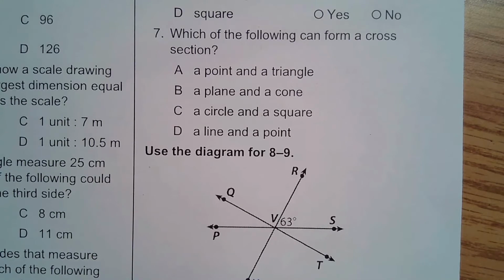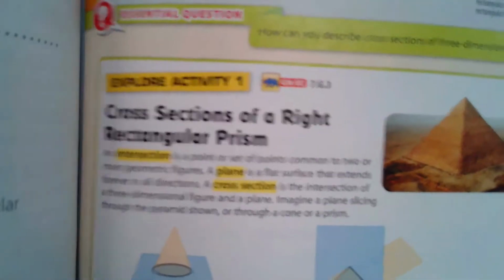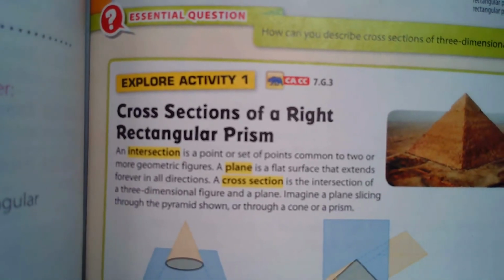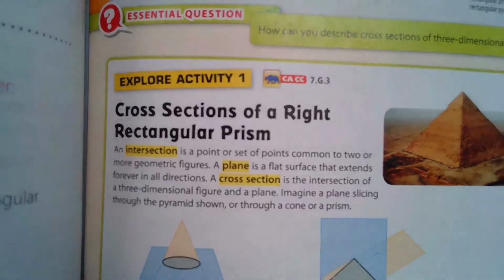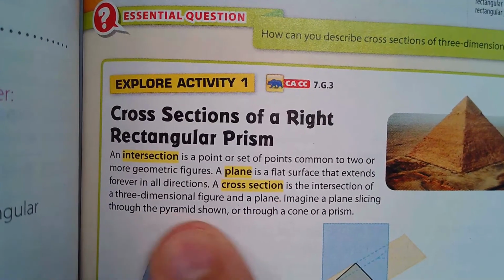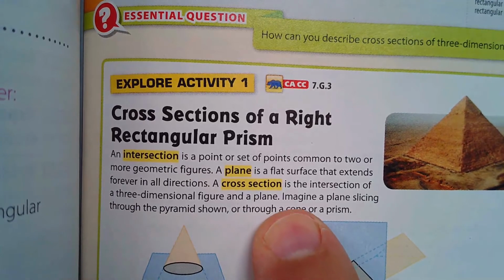Let me get the book here and show you where it is. In Module 8, it says here that the cross section is the intersection of a three-dimensional figure and a plane.